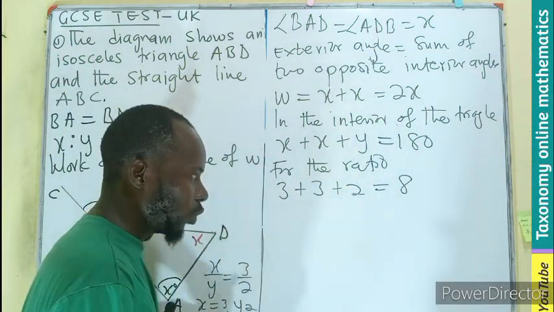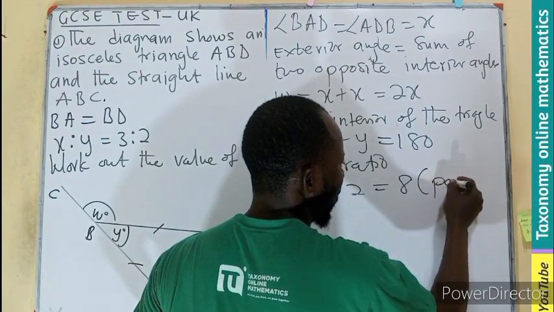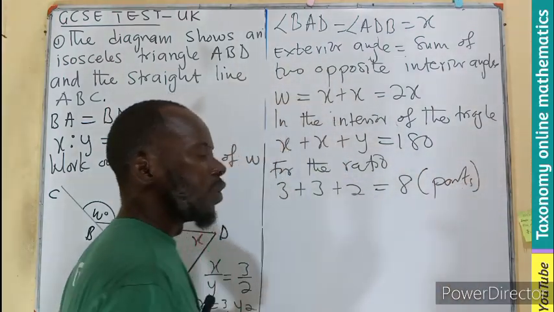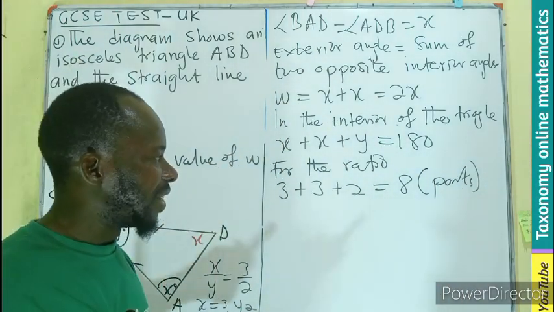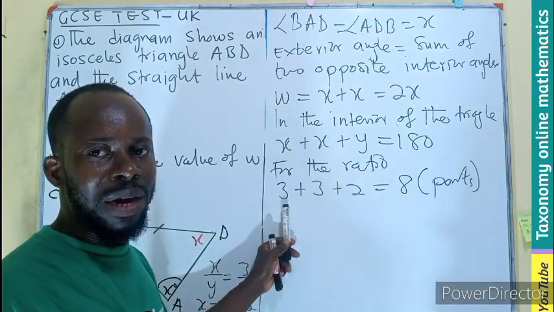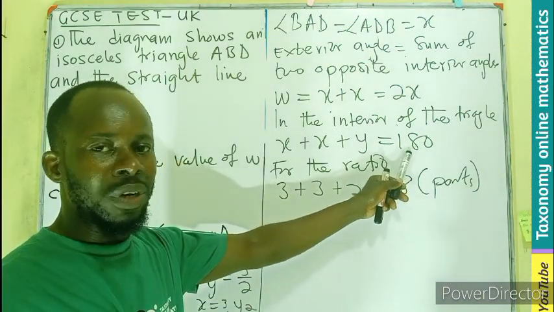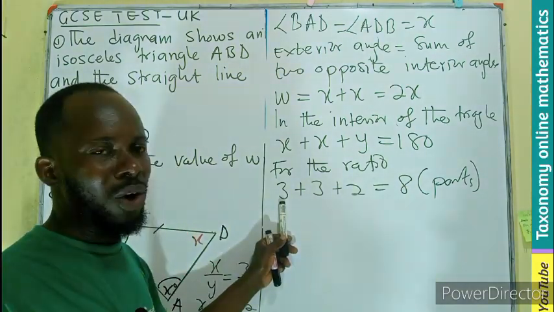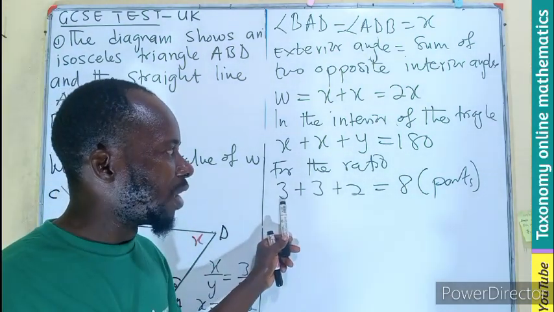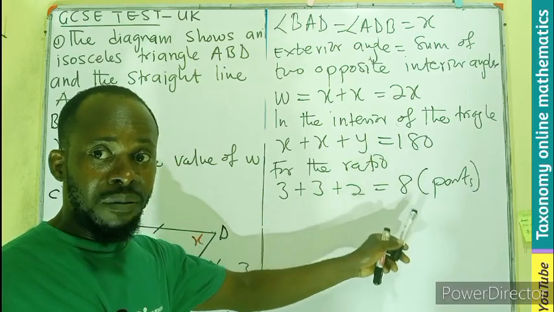So the total ratio is the number of parts into which we divide this. If that is the case, I can find the part of 1 of the x. So if this is equal to this, then 1 of the x will give us what? A fraction of this.